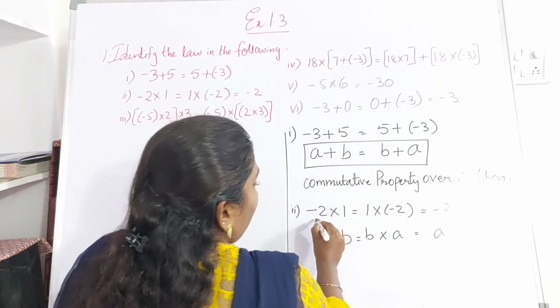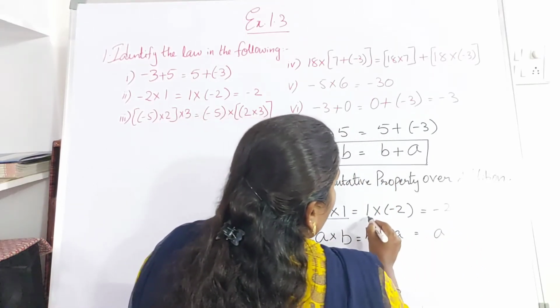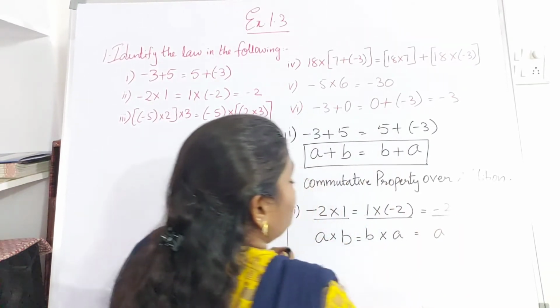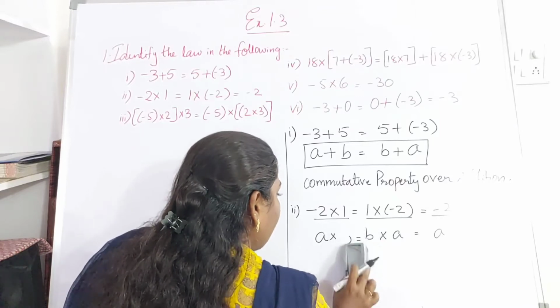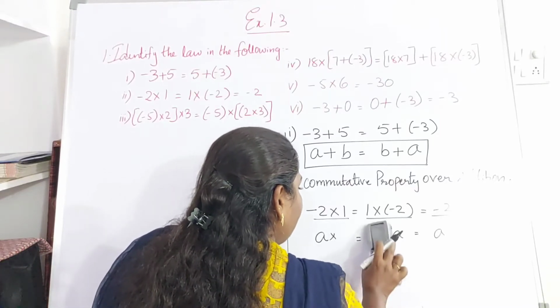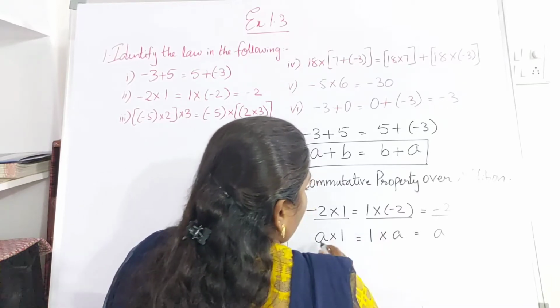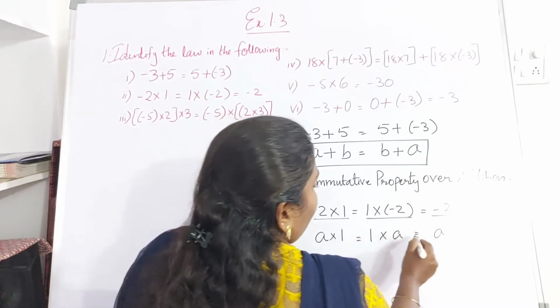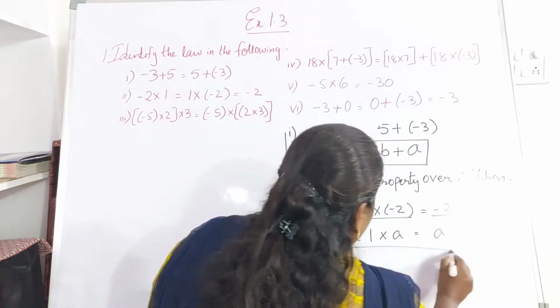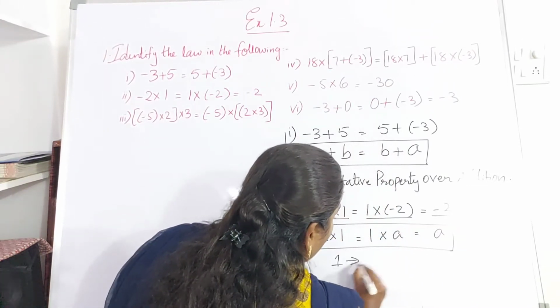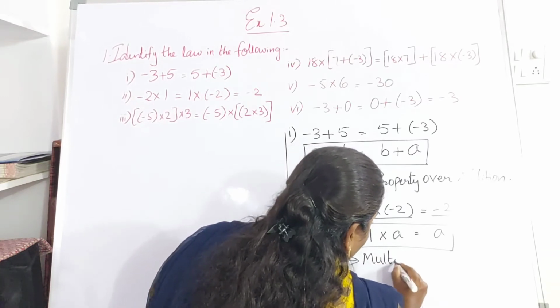Here you can see minus 2 into 1 is equal to 1 into minus 2, that is nothing but minus 2. So here instead of B we have taken a multiplicative identity, that is 1. So A into 1 is equal to 1 into A, that is equal to A. So here it is a multiplicative identity we are using. So 1 is called multiplicative identity.